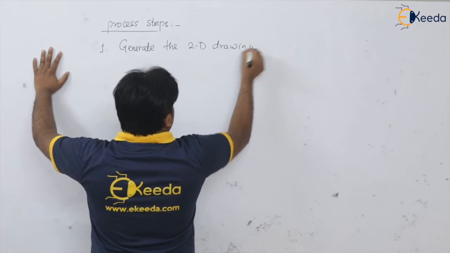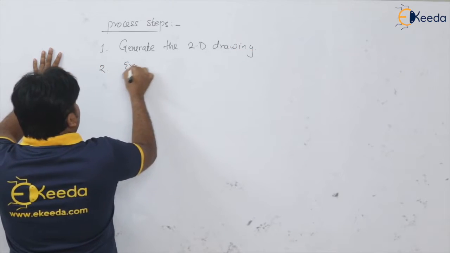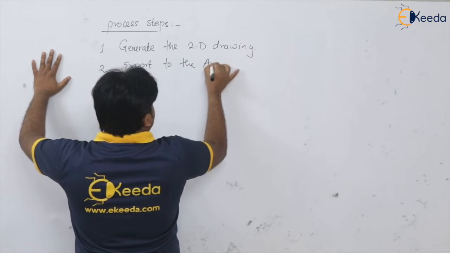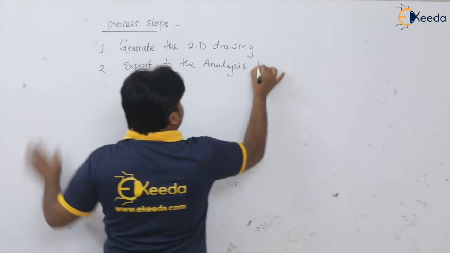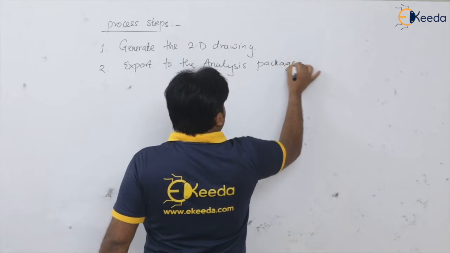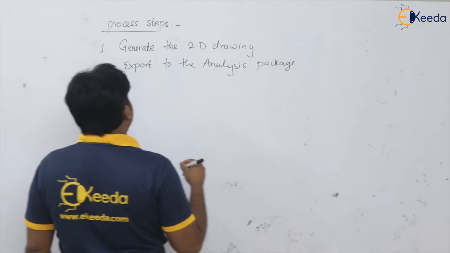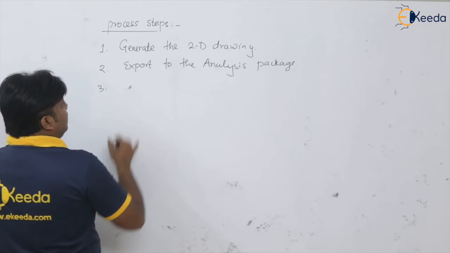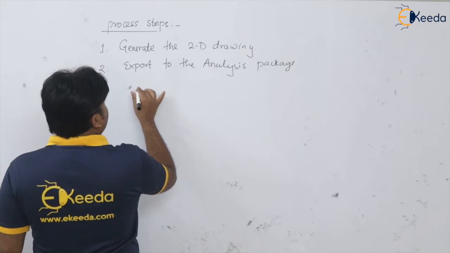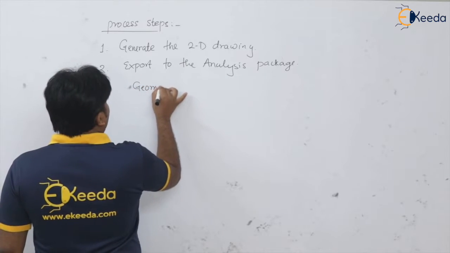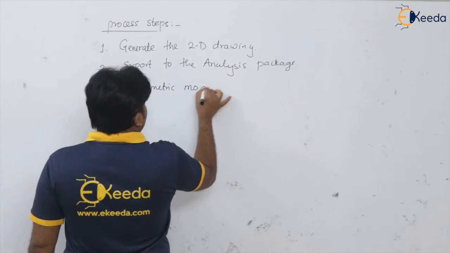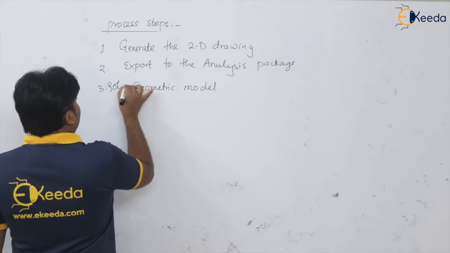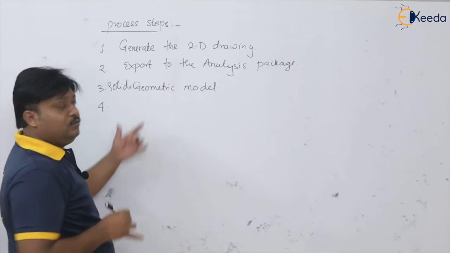Okay, we have to generate the 2D drawing, then export this drawing to the analysis package. Okay, for the analysis, whatever software you require here. Then go for the geometric modeling or geometric model. Once you get this geometric model, solid geometric model, isn't it?